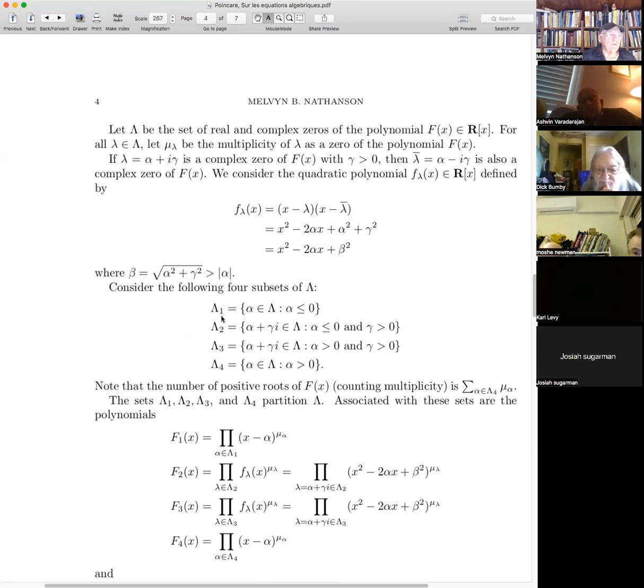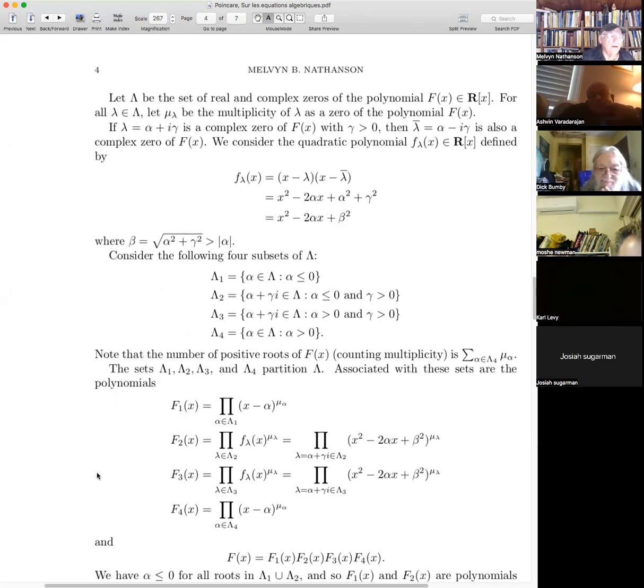If I associate with each of these sets a polynomial, so lambda 1 are the non-positive roots, and I look at x minus each root to its multiplicity. These are complex non-real roots, and I look at the product of each root and its conjugate to its appropriate multiplicity. And lambda 3 and lambda 4 are defined in similar ways. Yeah, so these formulas aren't strictly correct either.